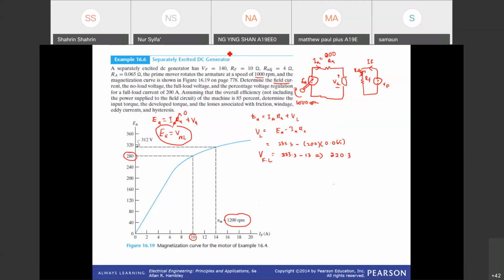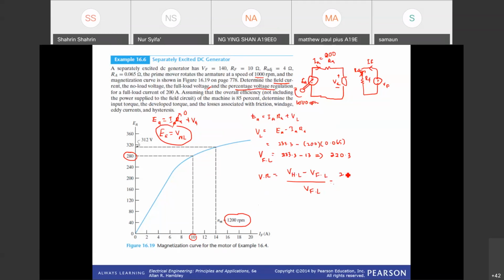So this answers the full load question. And then what is the percentage of the voltage regulation? The percentage of voltage regulation, VR, is equal to V no load minus V full load over V full load.